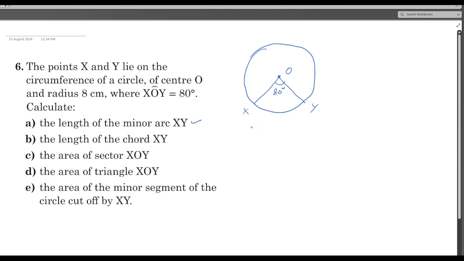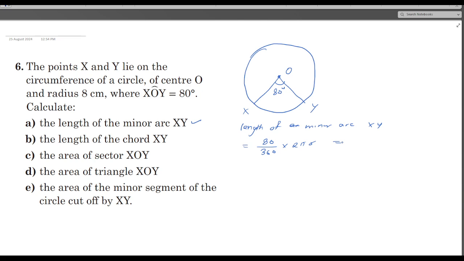So length of minor arc XY will be equal to fraction of angle, which is 80 divided by 360 times total length, which is 2 pi r. So r is 8 centimeter, so it is 80 divided by 360 into 2 into pi into r, which is 8 centimeter. Okay, so this gives you result as 11.2 centimeter.